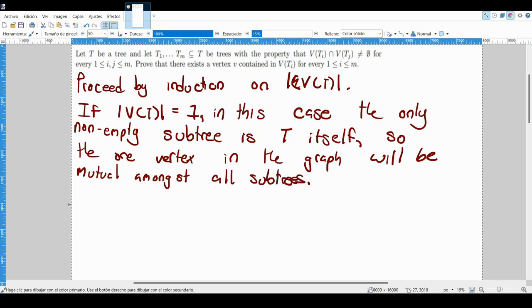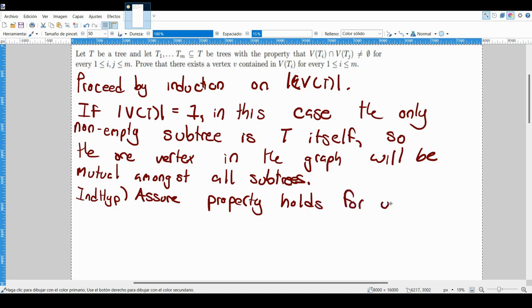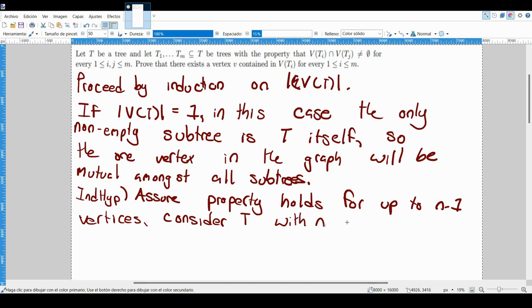Now next, for our induction hypothesis, I'll just write ind-hyp here. Assume that the property holds for up to n minus 1 vertices. And then consider some tree T with n vertices.